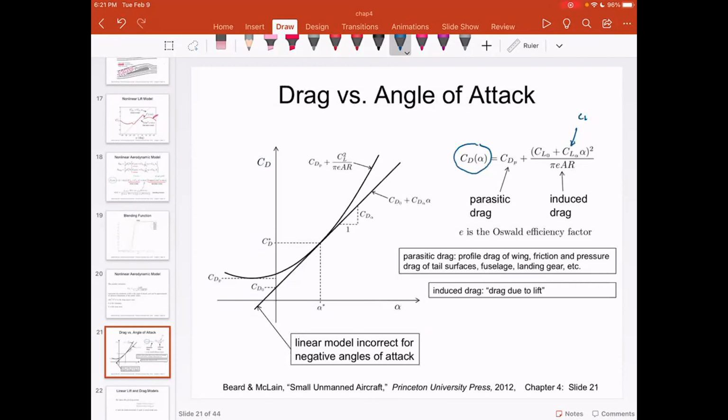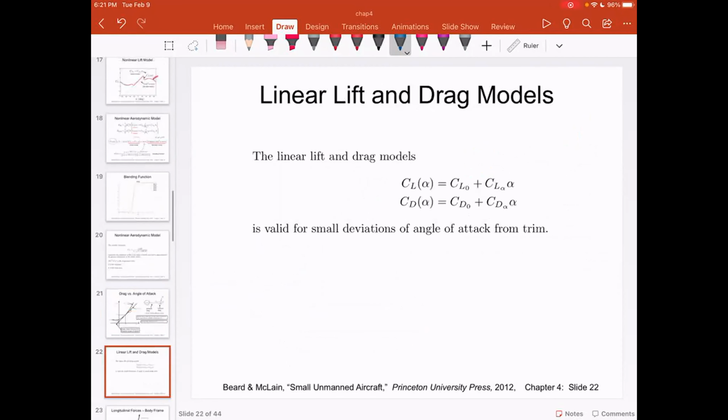Now, what we will do is look at different lift and drag models. Very simply, a lift model and drag model can be expressed as a constant plus a gradient multiplied by the value of alpha. So CL0 is nothing but the constant, and this is the slope or the gradient.